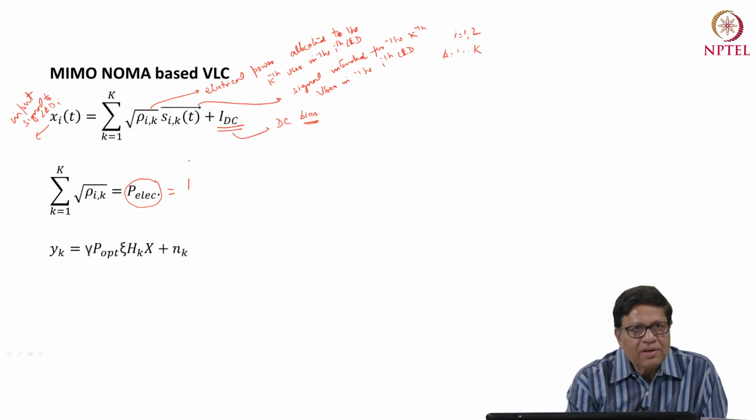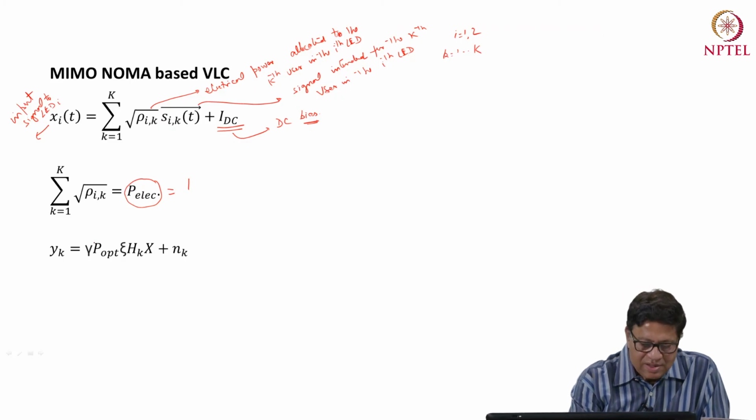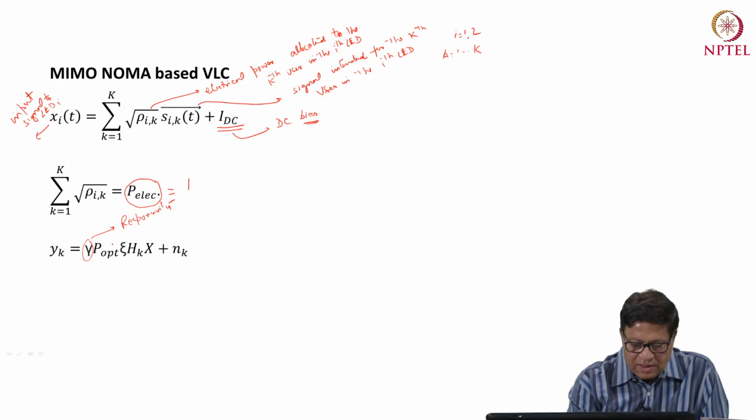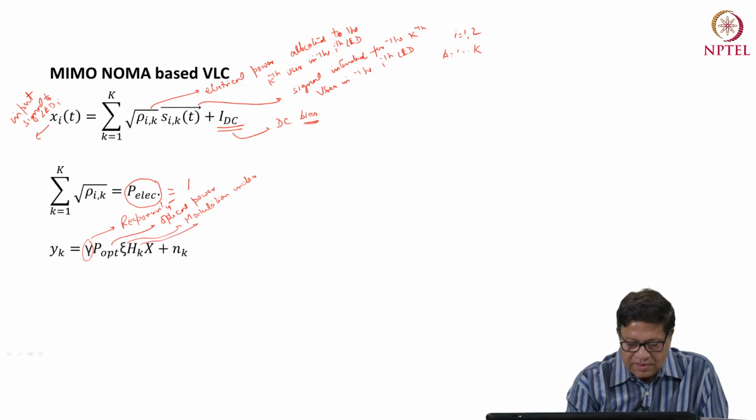Now the received signal Y_k by the photodetector is, this is the responsivity, and this is the optical power which is falling onto the photodiode. This X_i is the modulation index. And this is the channel matrix, which in this case is going to be a 2x2 matrix.